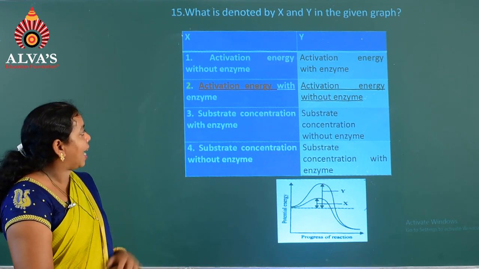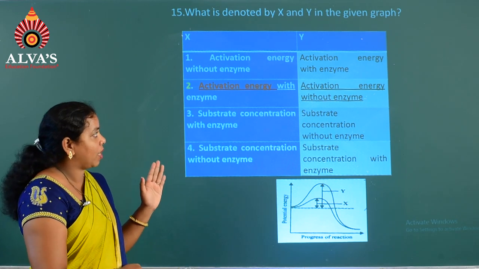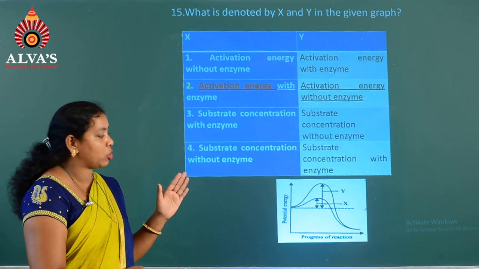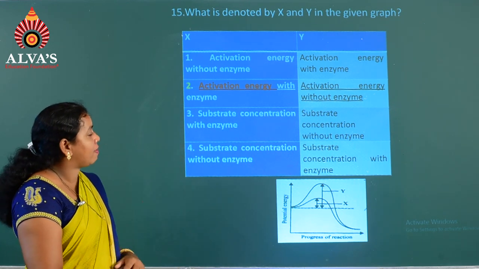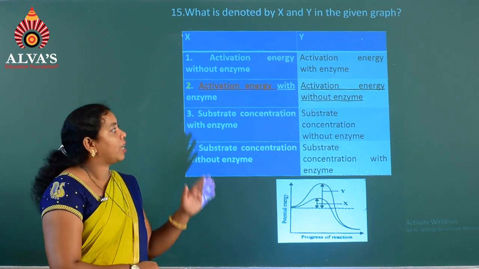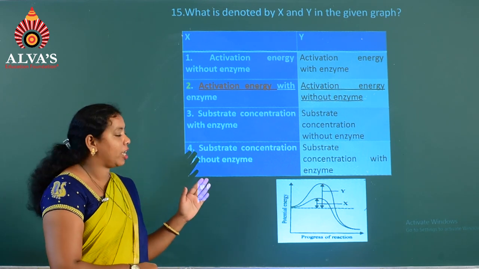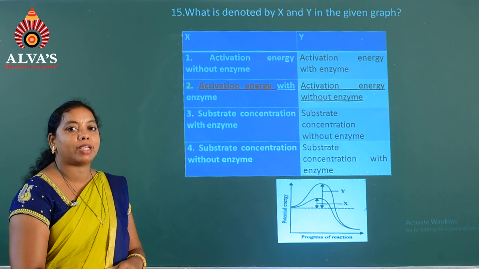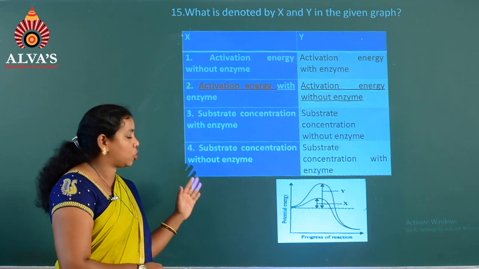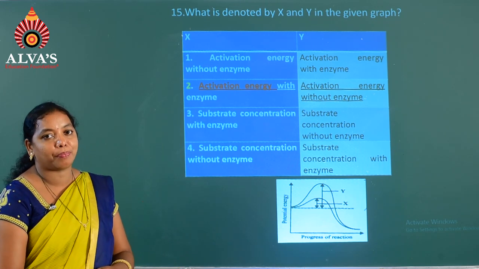The first one: activation energy without enzyme is X, whereas Y is activation energy with enzyme. The second: activation energy with enzyme, and then activation energy without enzyme. Third: substrate concentration with enzyme, substrate concentration without enzyme. Next: substrate concentration without enzyme, substrate concentration with enzyme.